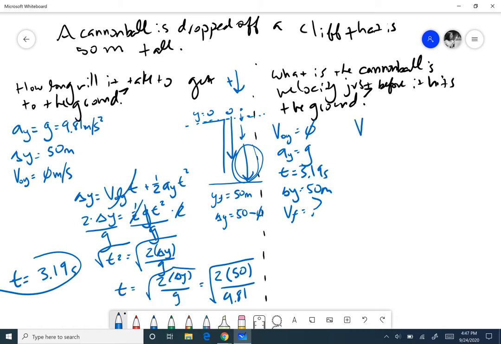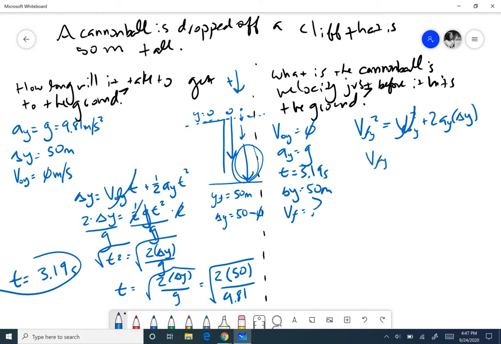So let's use the equation velocity final squared equals velocity initial squared plus 2a delta y. And this is all in the y direction. Let's plug in our zeros. Now that's 0. We know that our acceleration is going to be g, so let's rewrite this.